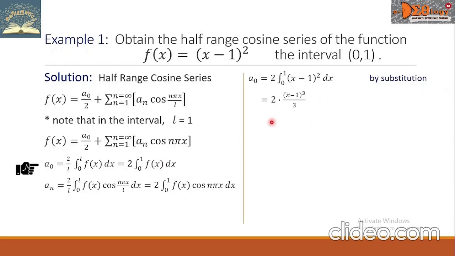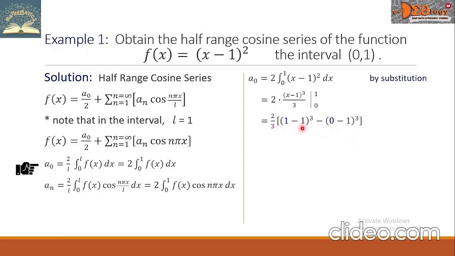And the result is 2 times the cube of x minus 1 all over 3. Then we evaluate this from the limits 0 to 1. So we have 2/3 times the quantity 1 minus 1 with exponent 3, minus 0 minus 1, with power 3.